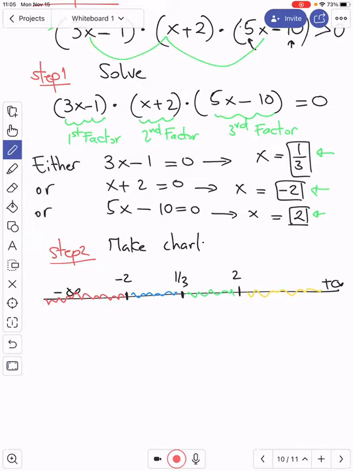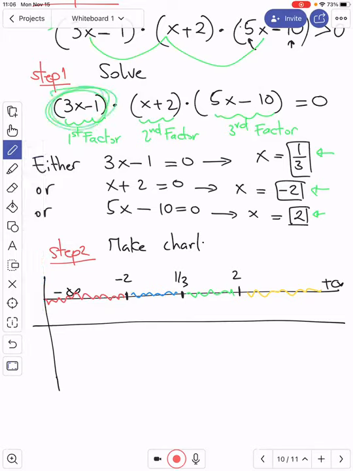Now let's start with the first factor, 3x - 1. I'm going to put 3x - 1 here. Let's say this line represents -2, here we have 1/3, and here we have +2.